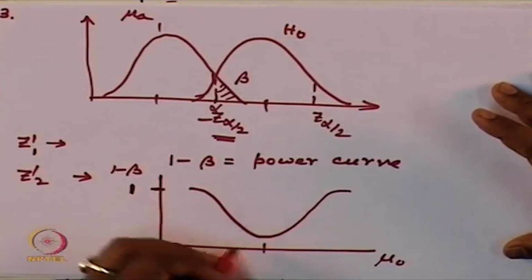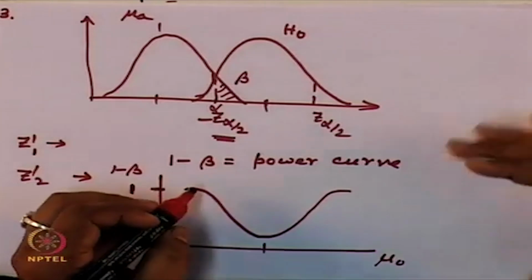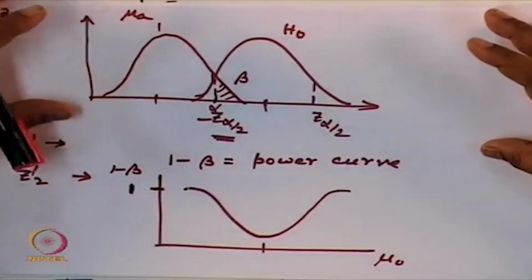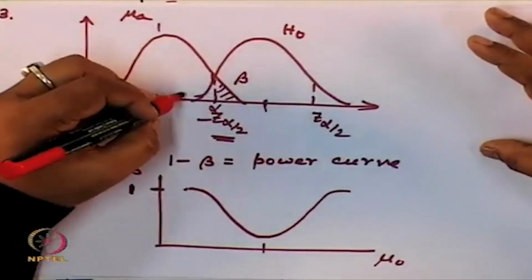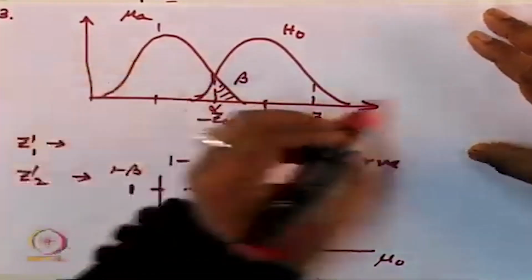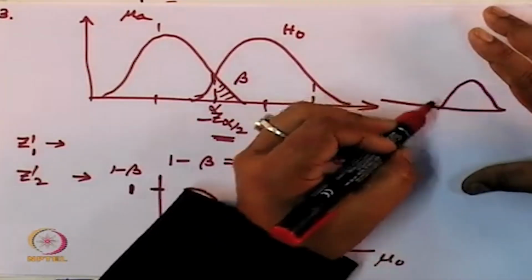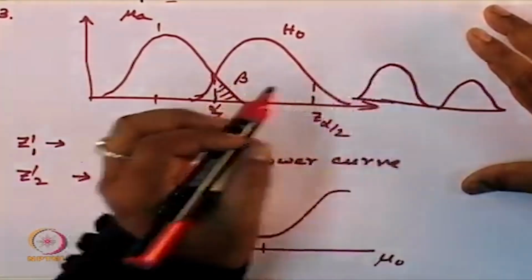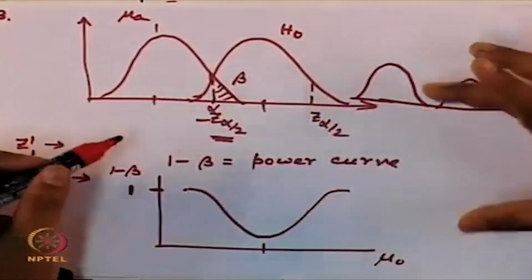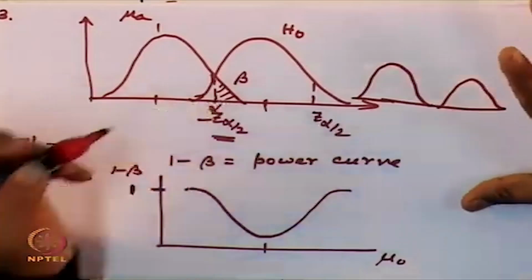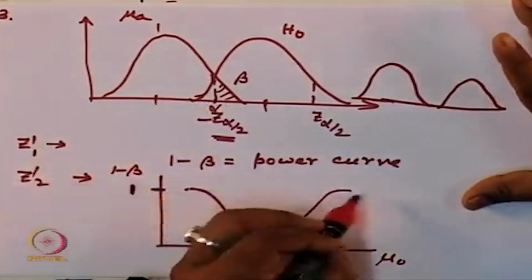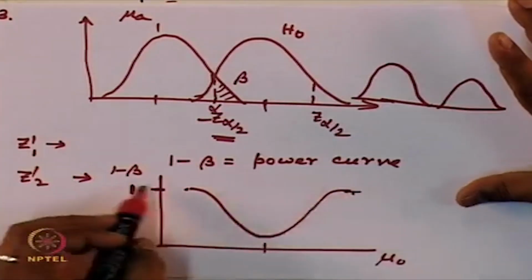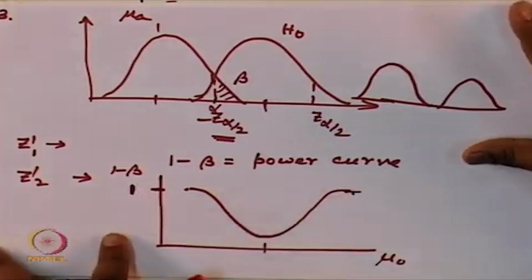Because when mu is far from this value, it is unlikely that you will make this mistake, and your beta will be 0. If your curves are separated from each other, then you will get a value of beta equal to 0, and then 1 minus beta will approach 1. So, at the two endpoints, this 1 minus beta curve approaches 1.